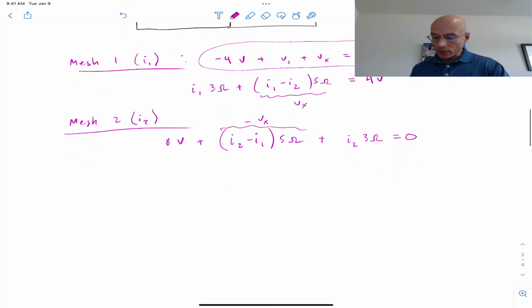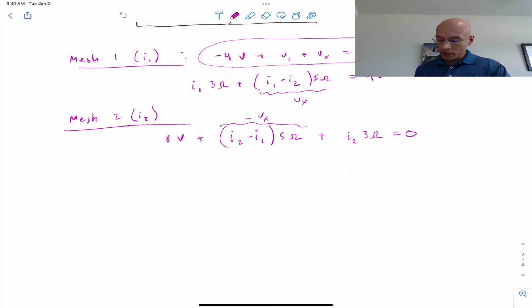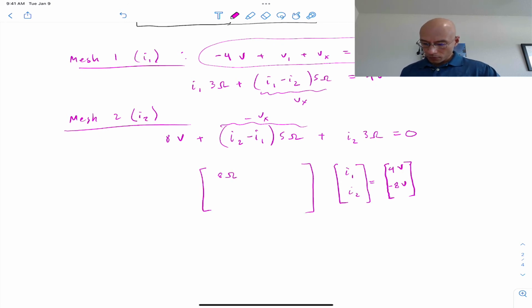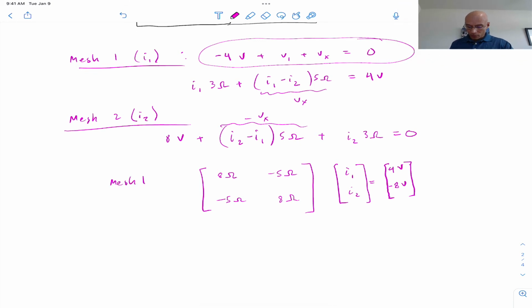Now we have two equations, two unknowns, so we can solve it. I'll write it like this in matrix form. This is how I set this up. So from the mesh 1 equation, we have this row, and mesh 2 gives us the second row.